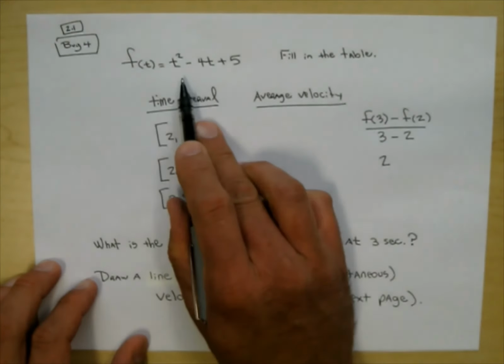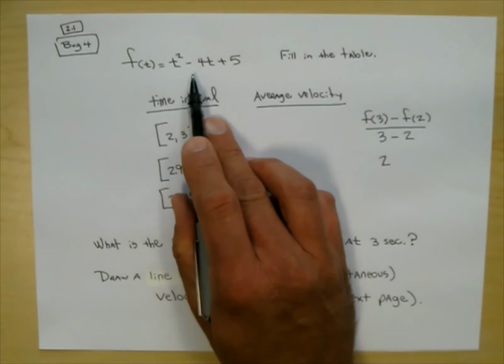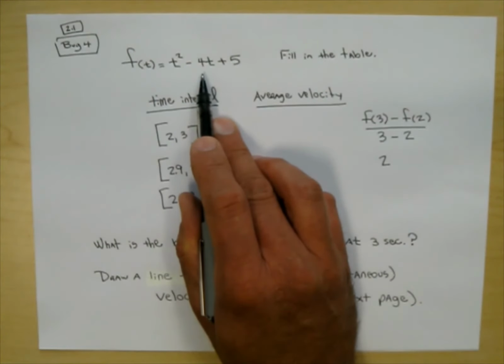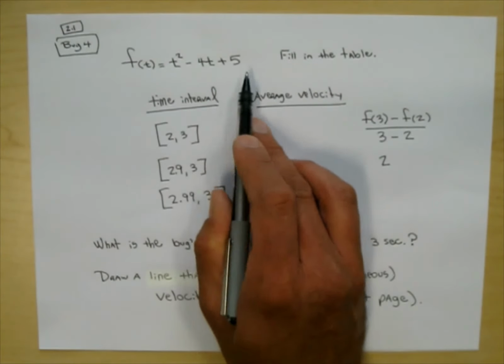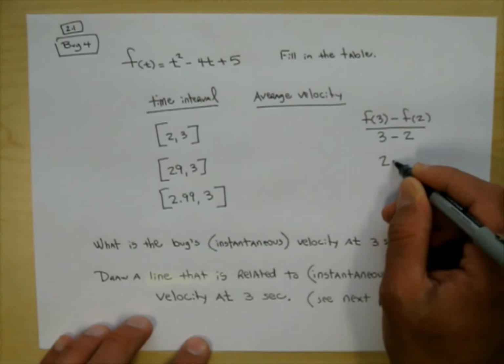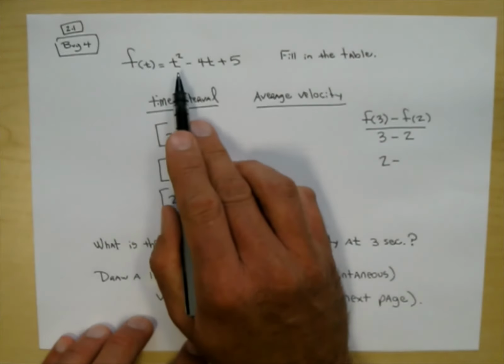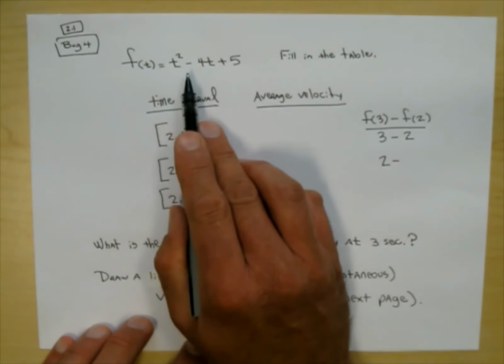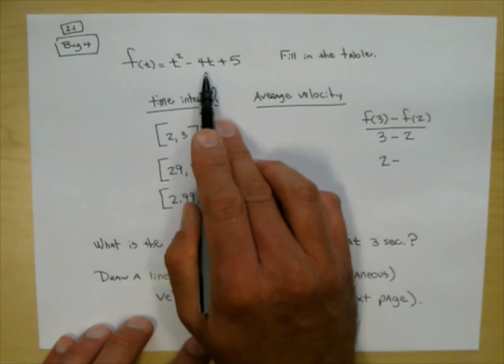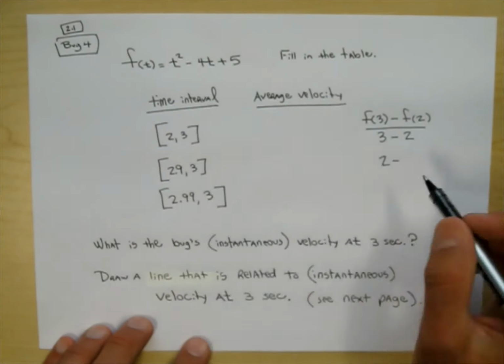Because you have 9 minus 12, so that's negative 3 plus 5 is 2. And then f of 2 is 4 minus 8, so we're at negative 4, negative 4 plus 5 is 1.